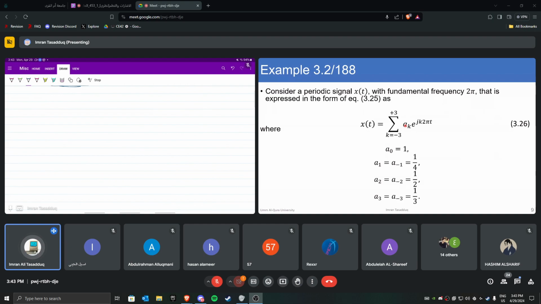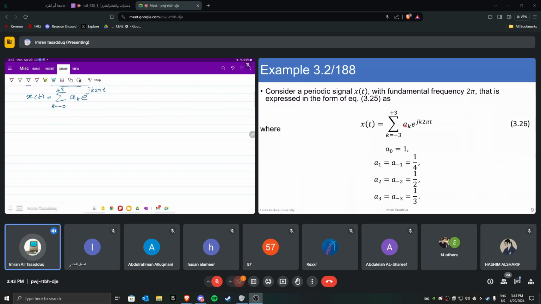All right, so the signal x of t is given by sigma k goes from -3 to +3 of a k e to the power j k 2 pi t.